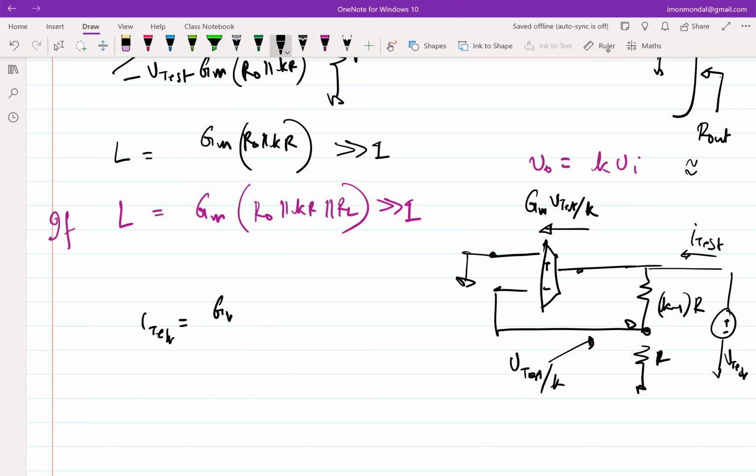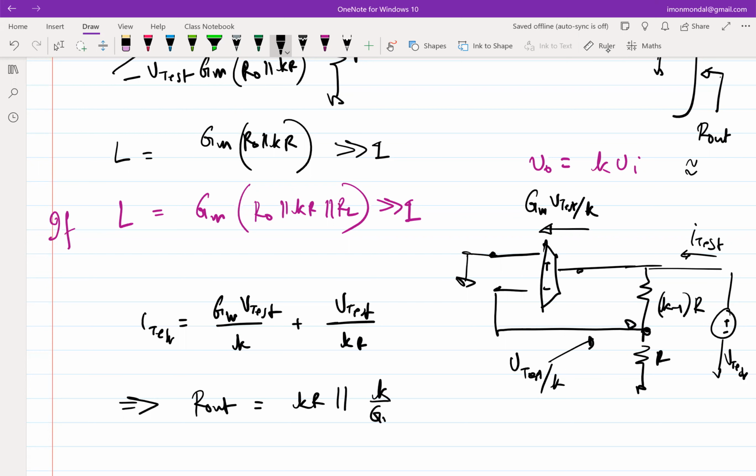I test equals GM V test by K plus V test by KR. Right. So essentially your R out becomes KR parallel K by GM.